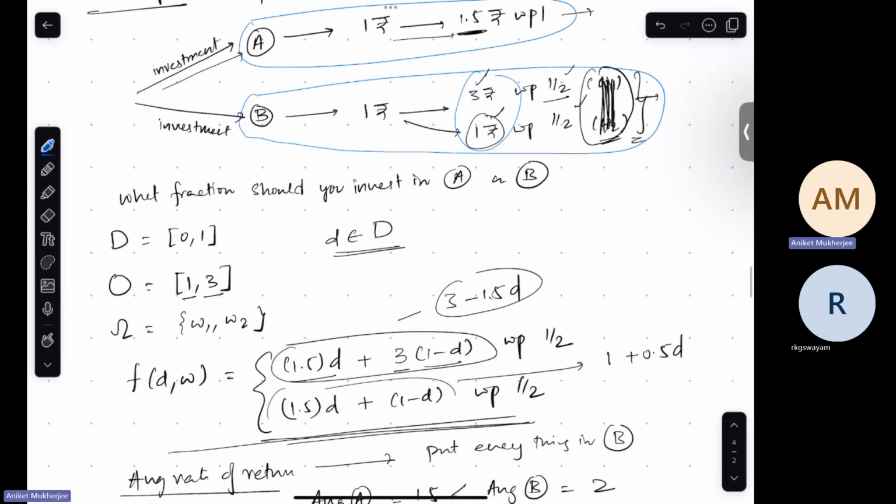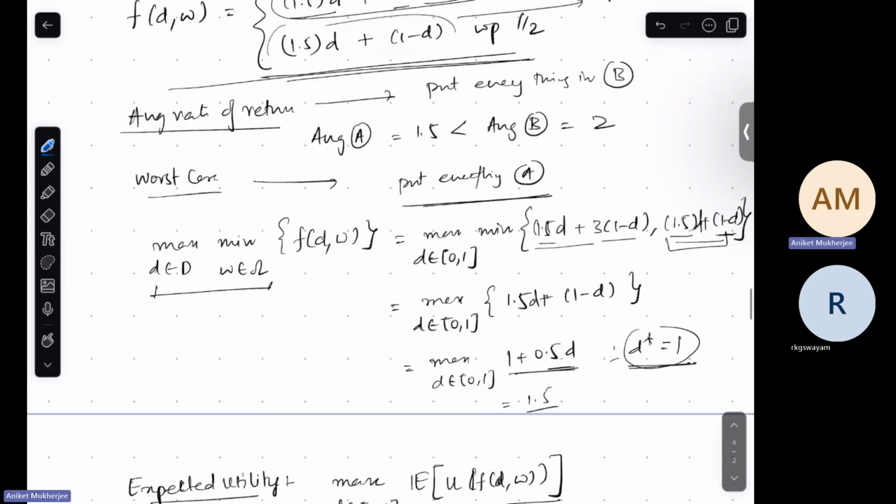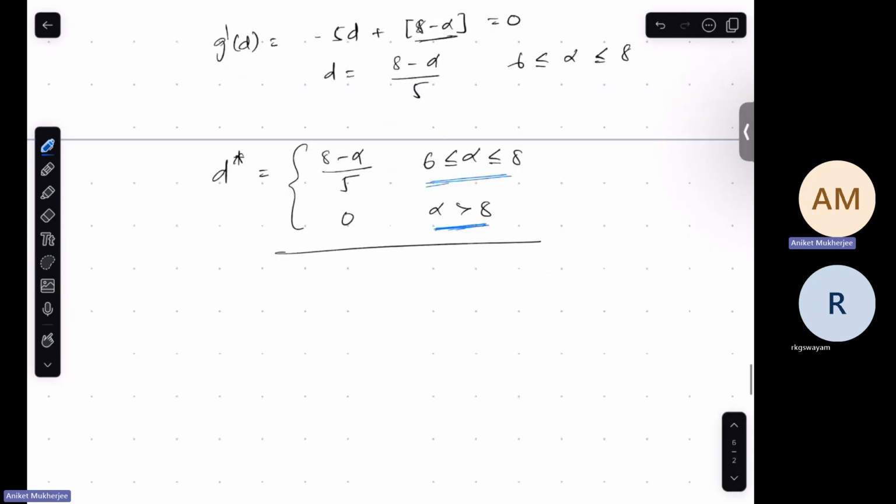So it's saying to put everything in B rather than putting it in A. If you're between 6 and 8, it says it's not worth the risk, so put some fraction in A and some fraction in B. If your alpha is greater than 8, put everything in B.